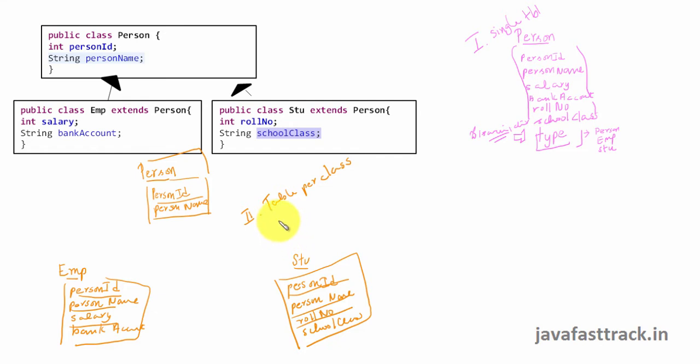Some people do not like this approach because you see that person ID, person name columns are repeated again and again. In the student class, we have person ID, person name columns repeated. In the employee table also, we have person ID, person name column repeated. So person ID, person name, that is the common columns are repeated in every other tables.